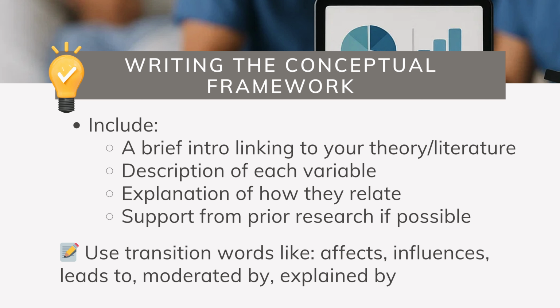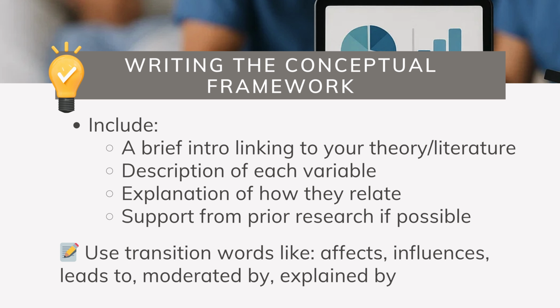Once you have created your framework, you will need to write it up formally. Here is how to do that. Start with a brief introduction linking your study to a theory or literature review. Then describe each variable in detail. Define them conceptually and operationally. Next, explain how these variables relate.